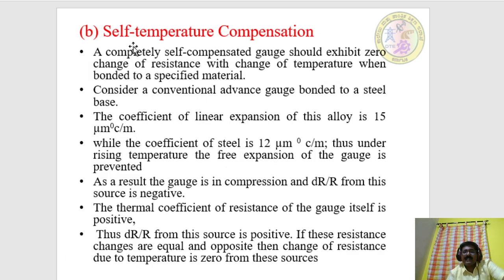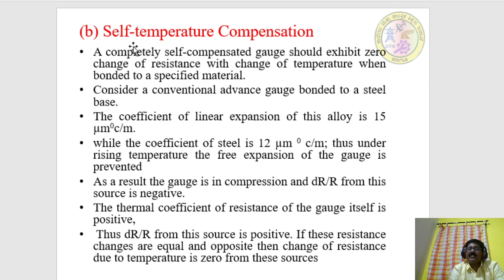In the case of self temperature compensation, a gauge should exhibit zero change of resistance with change of temperature when bonded to a specified material. To understand self temperature compensation, we consider a conventional advance gauge bonded to a steel base.